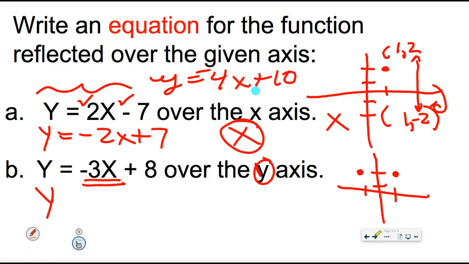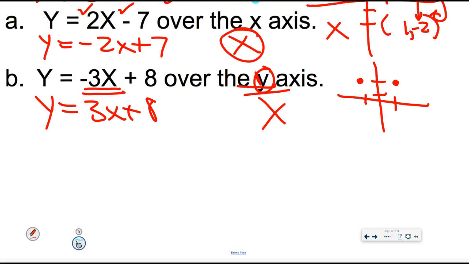All right, so this becomes y equals 3x plus 8. Shay, do you think you'll be able to remember that for the test? Had this one said x-axis, 2 negatives. So you would have made it 3x minus 8. You see the difference? You put a -8. That's because it said the y-axis. For the y-axis, you only take the opposite of the x term.